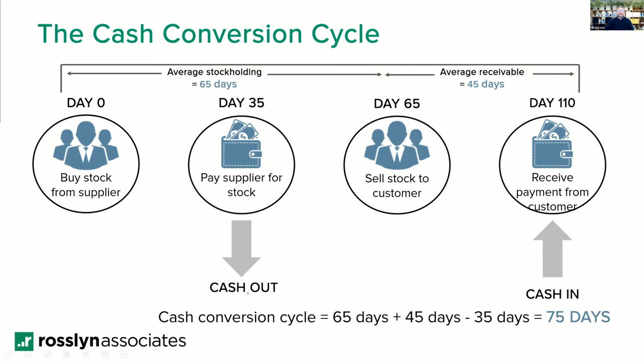So it goes out on day 35 and comes back on day 110. One way to work it out is 65 days plus 45 days minus the 35 days credit you get from your supplier. Or you could just measure it from day 35 to day 110, which is 75 days. Basically, that's how long on average it takes money to go out of your business and come back in as a receipt from a sale. Hope that makes sense.